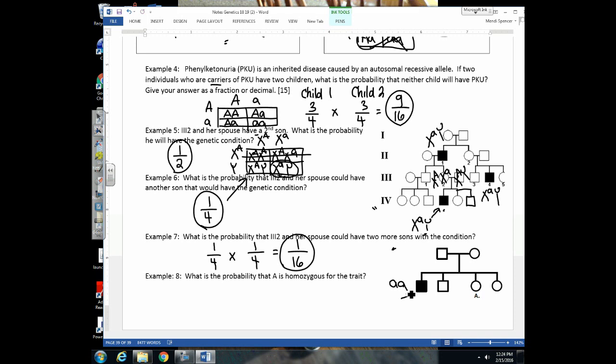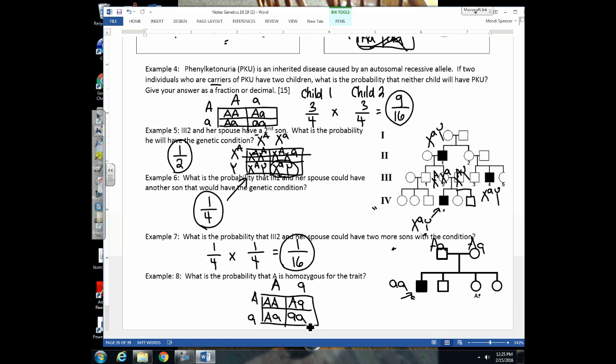The question says, what is the probability that A is homozygous for the trait? That would be this individual right here. So let's take a look at the parents. We know the parents are going to be heterozygous because they had this son. So when we set up this Punnett square, we have to factor in some additional information that we know before we can come up with this final probability.